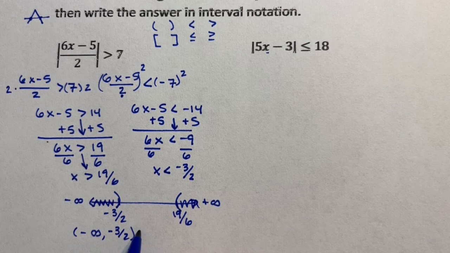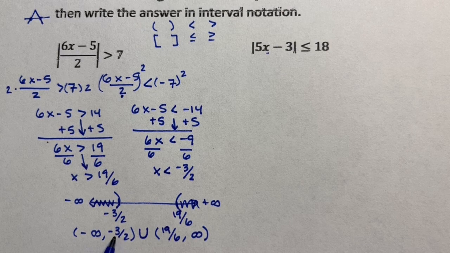I'm going to use the union, which is a capital U. You can think of it as joining these two parts together. Negative infinity to negative 3 halves union 19/6 to positive infinity.